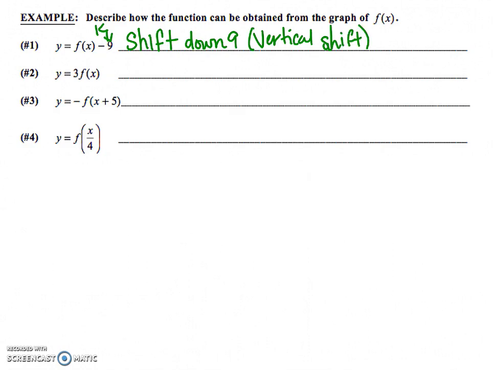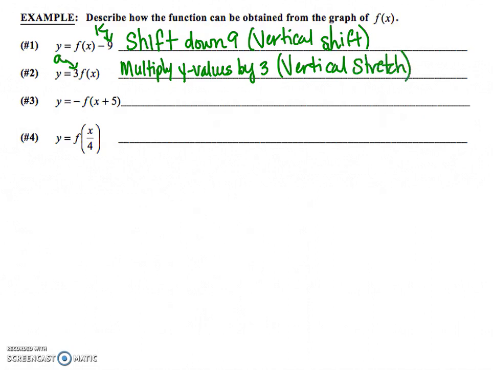That 3 out in the front, that's going to be an a value. So we are going to multiply our y values by 3. Or in other words, this is going to be a vertical stretch. It's going to make our graph longer from top to bottom.